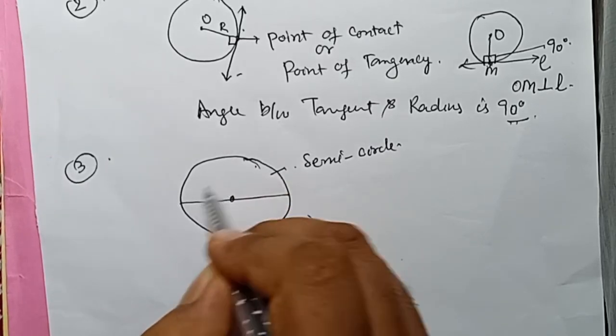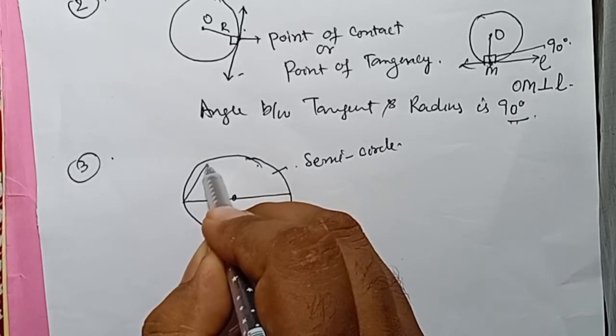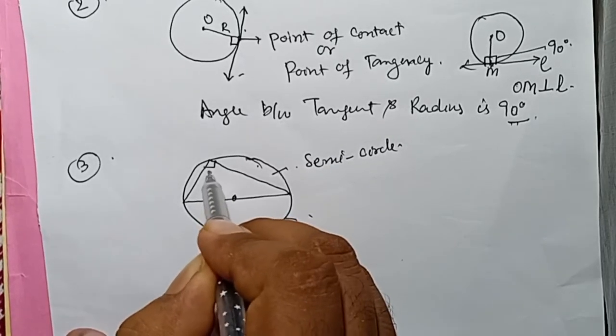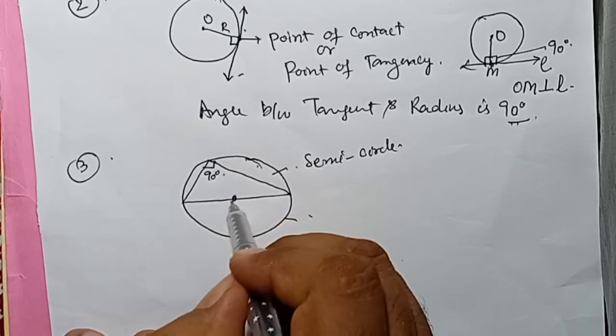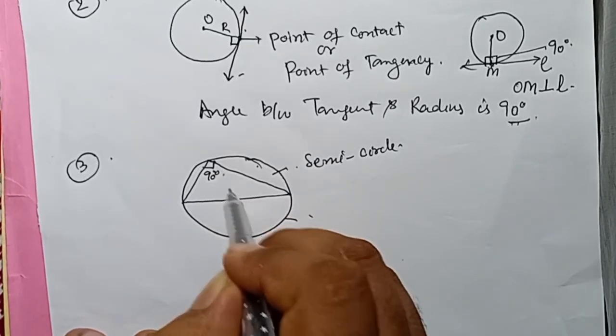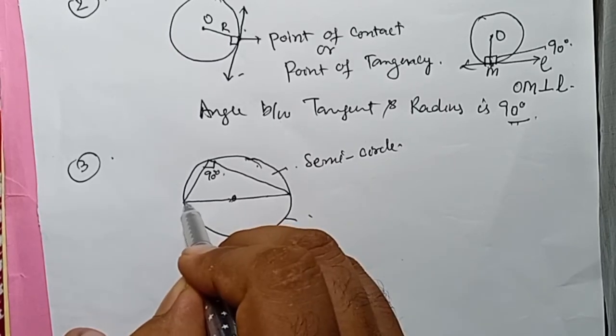So if this is the semicircle, if I draw the angle like this, this will be 90 degrees. You should understand the opposite side of this angle should be the diameter. Then it is an angle in a semicircle like this.